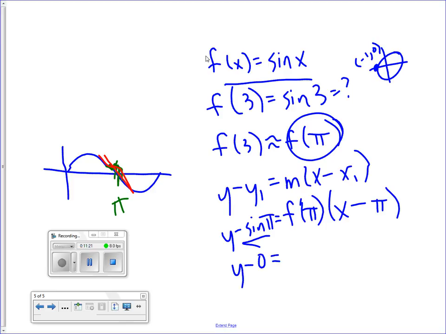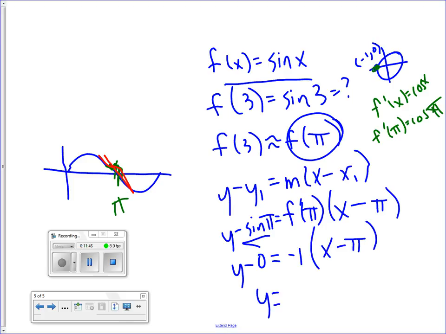Okay, my derivative of sine would be cosine. And I want the derivative at pi. So the cosine of pi, again, there's pi, the cosine is -1. So the slope is -1. And if I don't want those parentheses there, I can distribute that negative sign. So -x plus pi. That's the equation of that red tangent line that's supposedly a straight line.